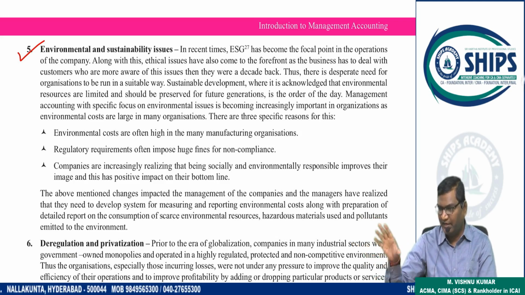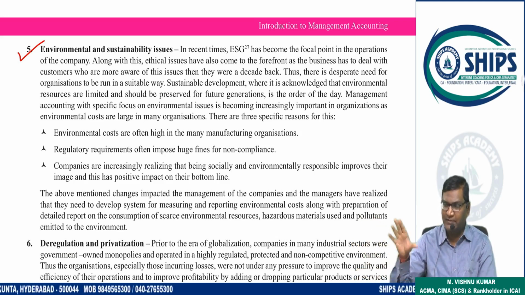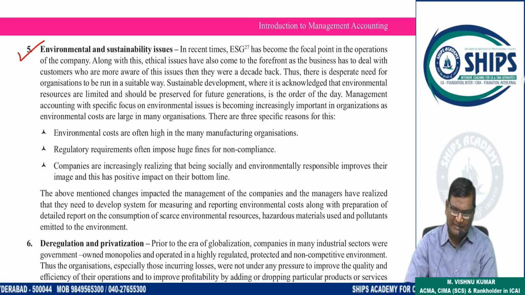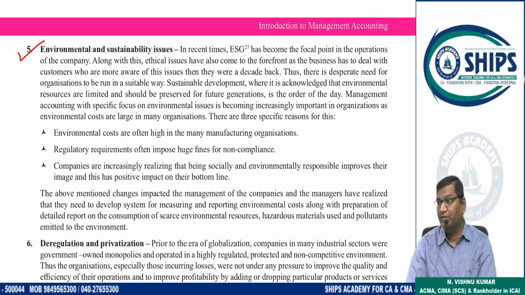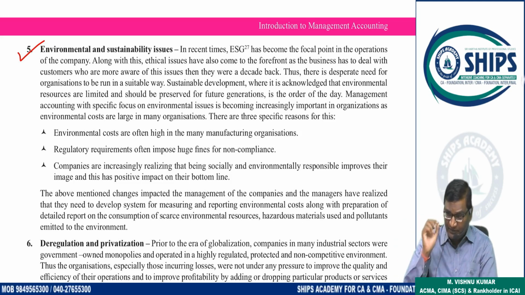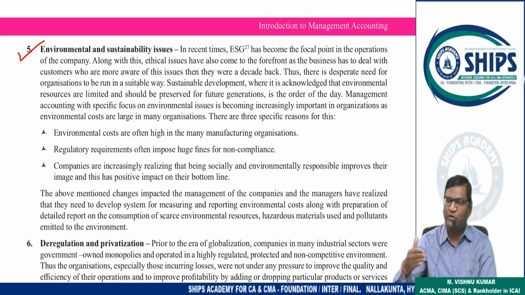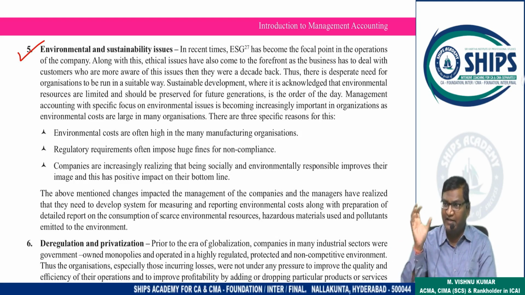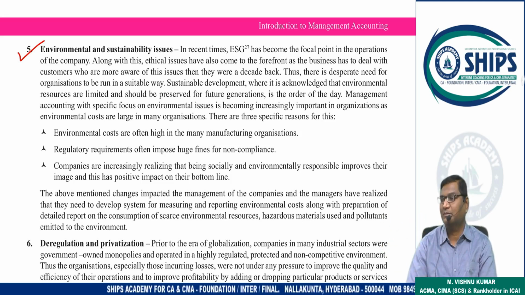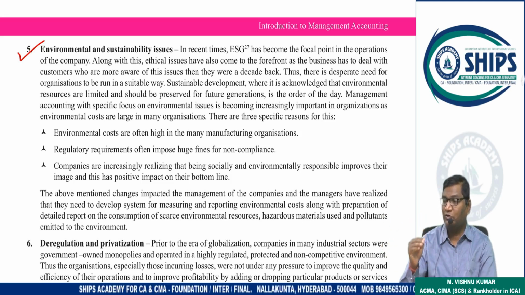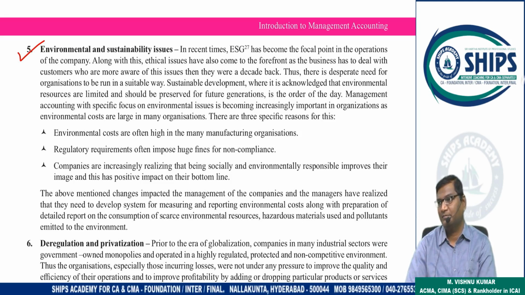And some of the lighting system is also there. That is everything based on the solar system. So this is also environment friendly. Like this, companies should think about some environment friendly manufacturing systems, by which the environment should be less damaged.